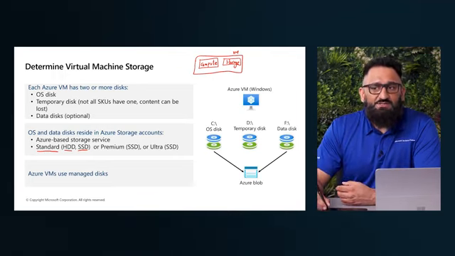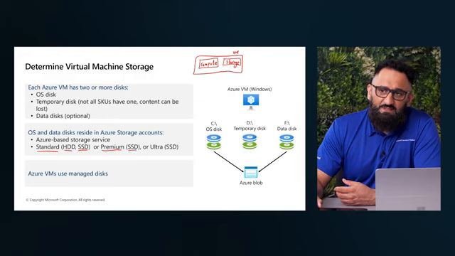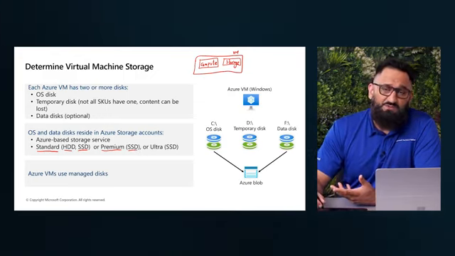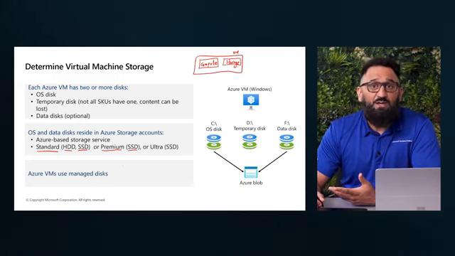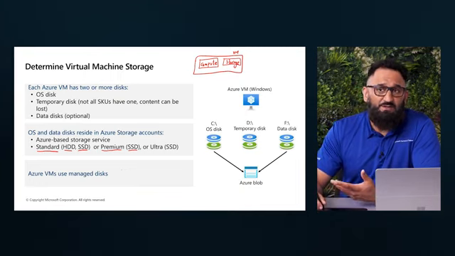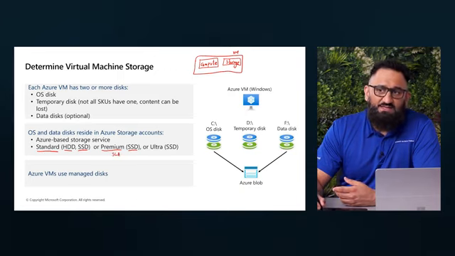Or you can go with a premium solution and say, hey, I'll use a premium SSD. Now, there is an advantage apart from getting better IOPS on this resource, which might be able to handle low latency and higher input output per second. You also get along with this an SLA of 99.9%.